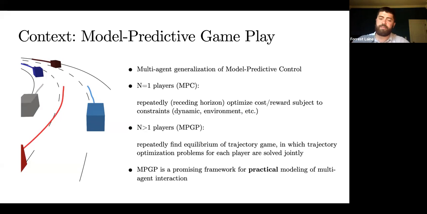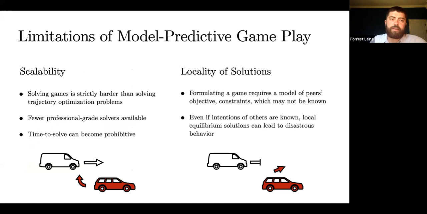So anyways, this model predictive gameplay is a promising framework for practical modeling of multi-agent interaction. And it kind of gets around this drawback of this model predictive control idea. Okay, so that's model predictive gameplay.